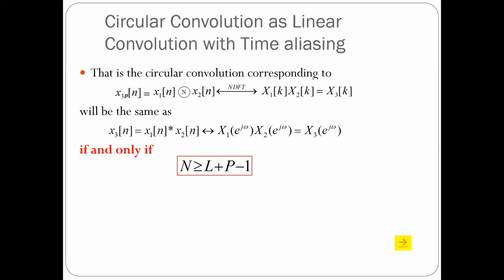Right. And we saw the relationship between circular convolution and linear convolution. What is the relationship? Circular convolution is the time aliasing of linear convolution.